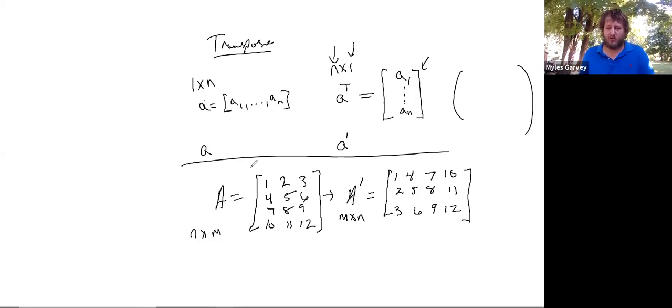Anyway, so here we started with a 4 by 3 matrix, and by taking the transpose, we converted that to a 3 by 4 matrix. Okay, so all the transpose does is literally move the rows to the columns and the columns to the rows. So that's the way we can think about the equality and the transpose operations on matrices.